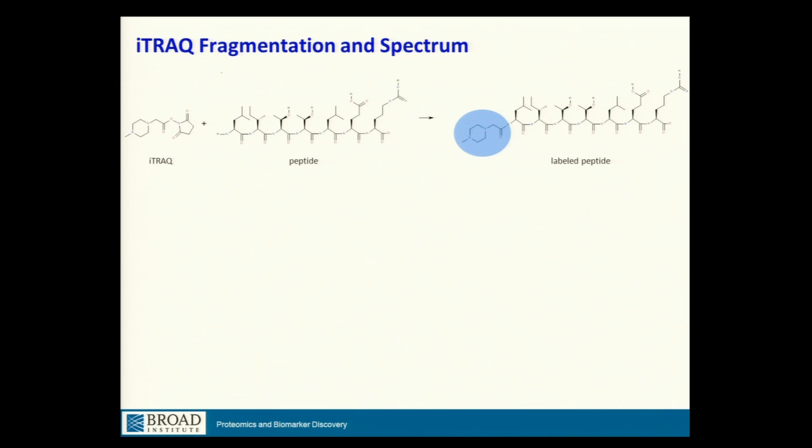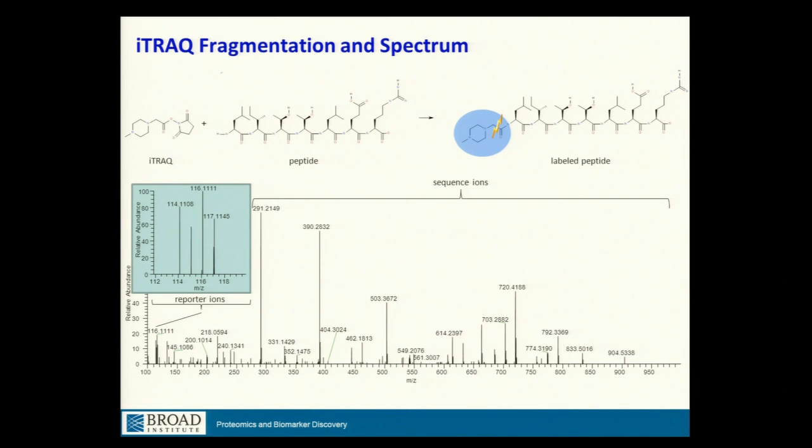So very simply, how does this work? After you do a protein digest and you have clean peptides, you mix these iTRAQ reagents with your newly formed peptides that have nice N-termini, and then you can get them attached onto the N-termini. And if you had a lysine here rather than an arginine, you would get another piece of it there. And then let's say in the course of the proteomics experiment, you take a fragmentation spectrum of this peptide.